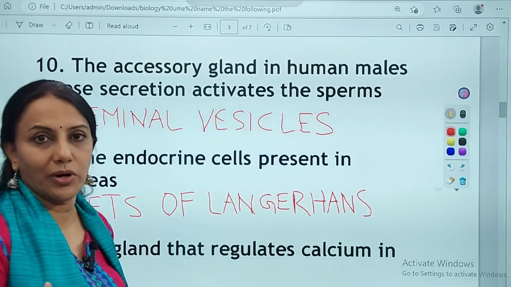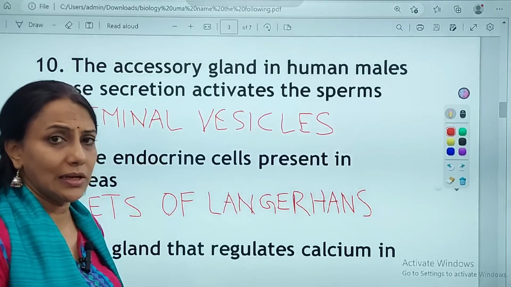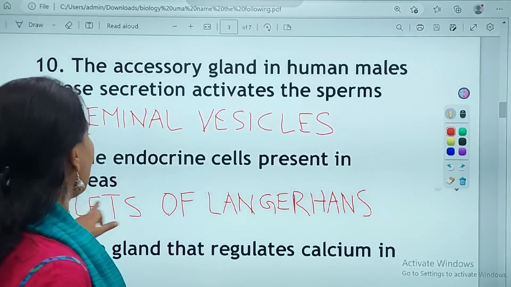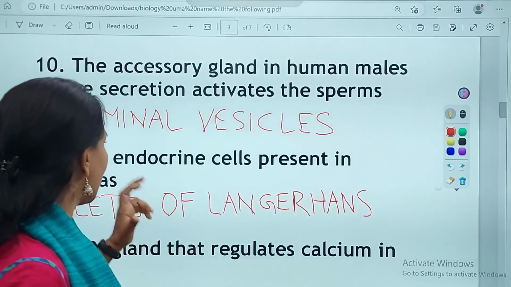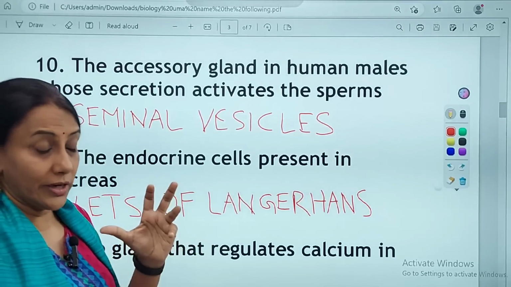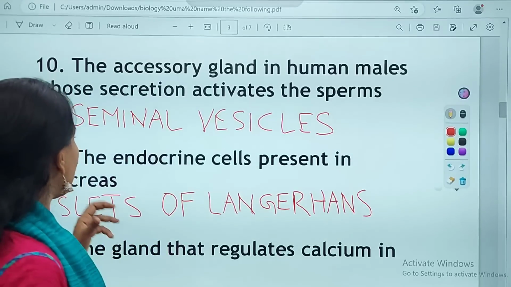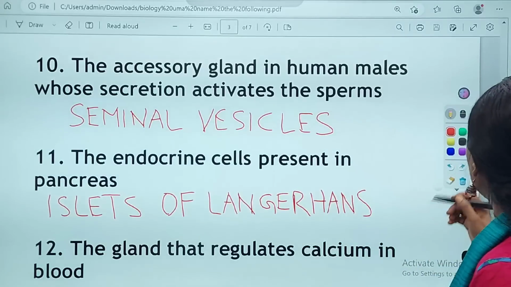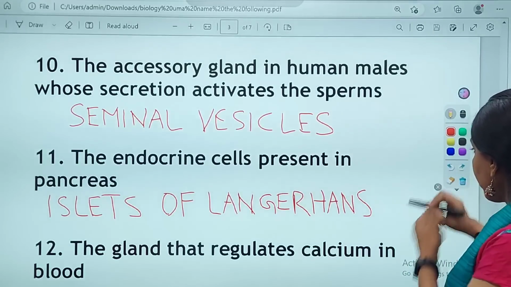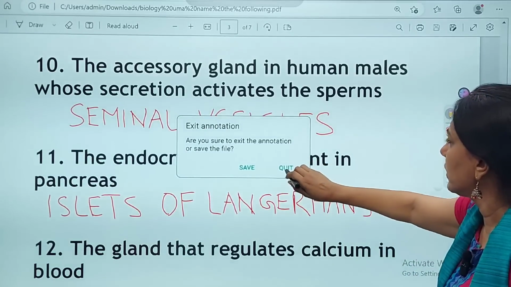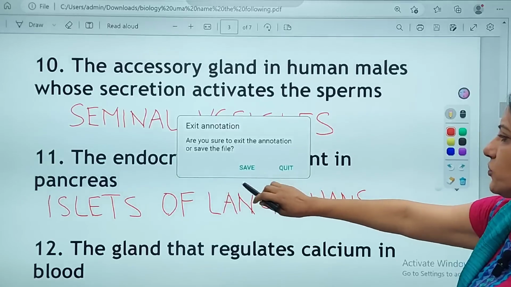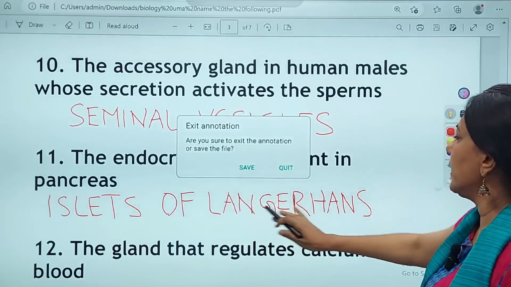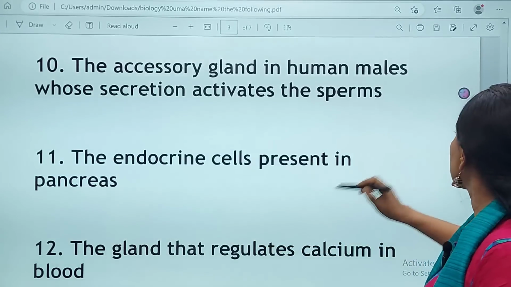As you know, every carbohydrate is broken down ultimately into glucose, and that metabolism is maintained by the islets of Langerhans, which are present in the pancreas, and they produce these hormones called insulin and glucagon. Islets of Langerhans is the answer. They are called islet cells, but I would urge you to write the answer as islets of Langerhans.